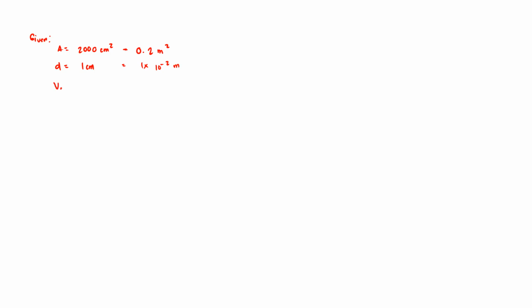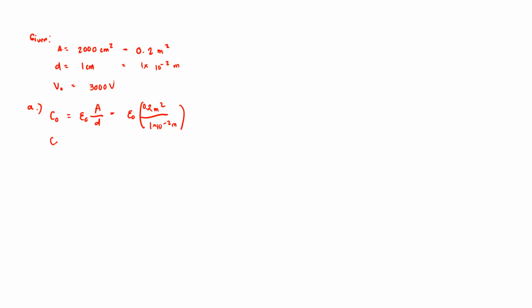And V naught is equal to 3000 volts. So for letter A, we need to find the capacitance before the dielectric is inserted. Okay, so we have this equation. The area is 0.2 meters squared divided by 1 times 10 to the minus 2 meter.